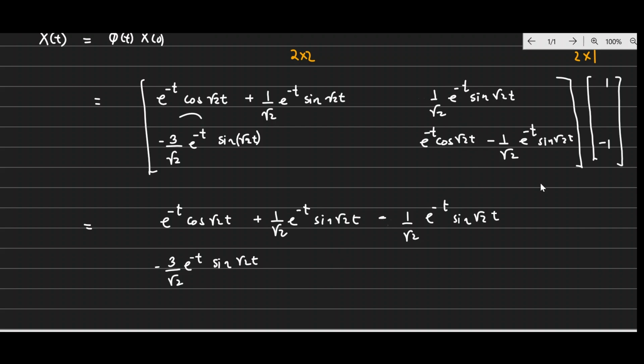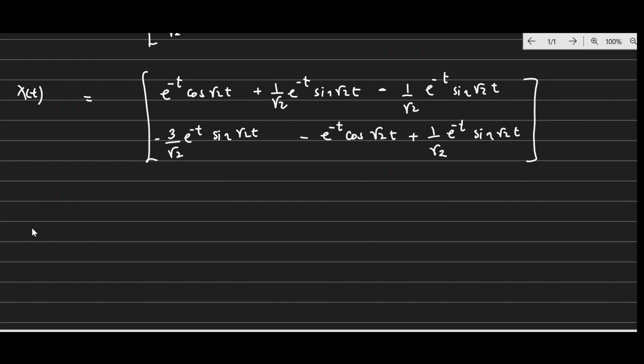And then this multiplied by negative 1, we have minus e to the power negative t cosine root 2t, and then plus, because negative times negative will be plus, 1 over root 2 e to the power negative t sine root 2t. So this is it, x of t.